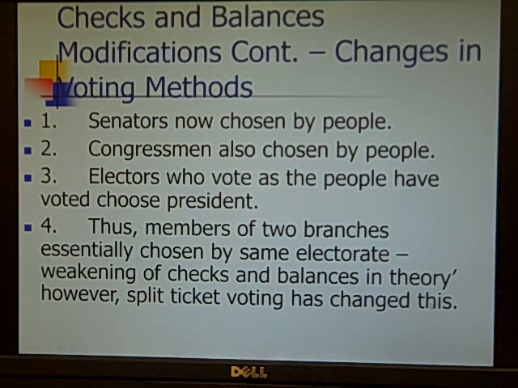Okay? Some changes in the checks and balances. Senators are now chosen by the people. That is the 17th Amendment to the Constitution. Okay? Senators used to be appointed by state legislatures. Okay? Congressmen are chosen by the people. Electors choose the president. So again, a little bit of a check on the individual public, right?